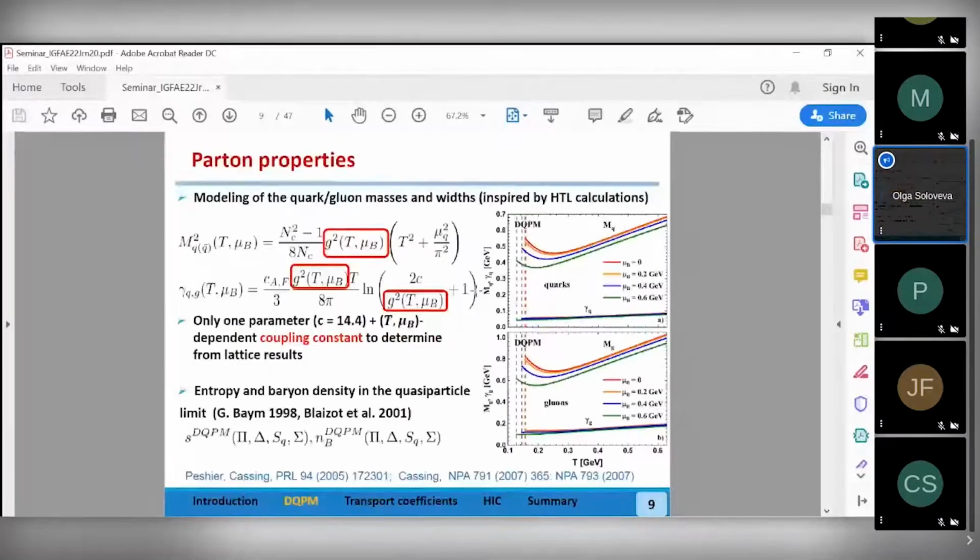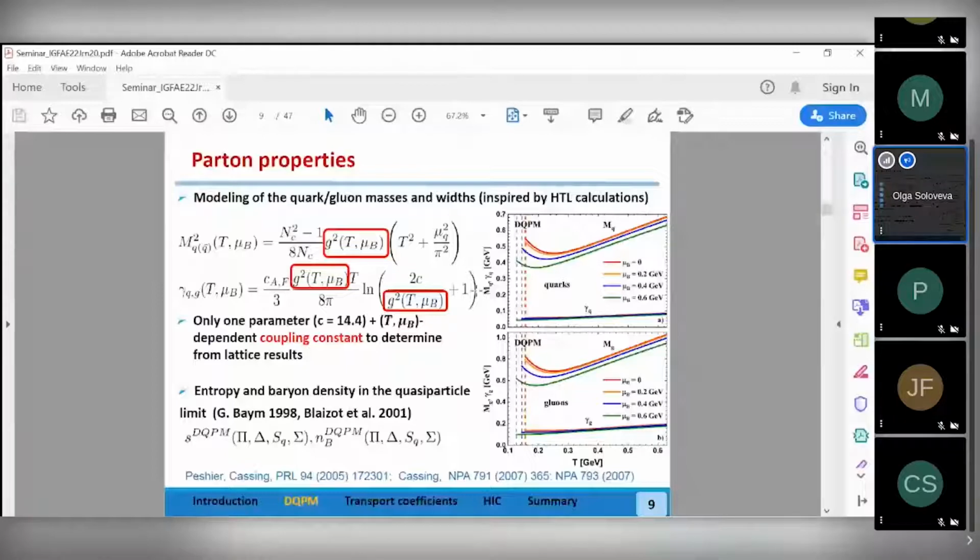So, as I told you before, firstly we determine the coupling constant. This is g squared. You can see here that it is the mass squared of a quark, for example, and it depends on the temperature, chemical potential, and on the coupling constant. This formula is from hard thermal loop calculations, but we didn't put in g squared because we don't know it.